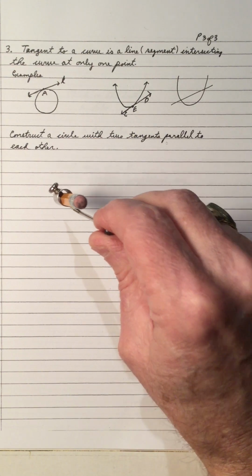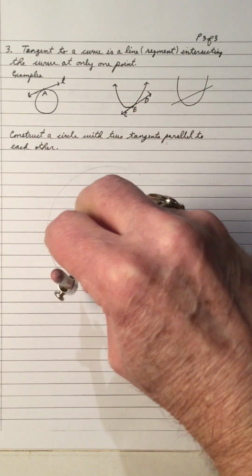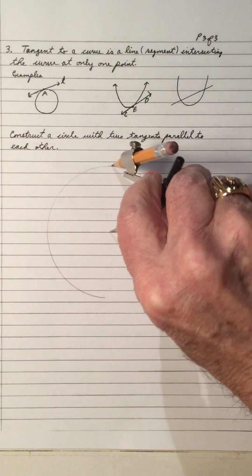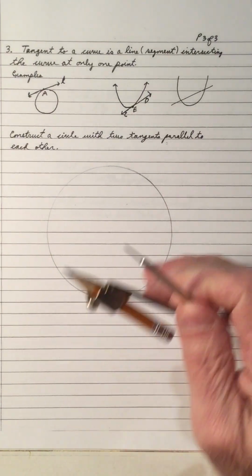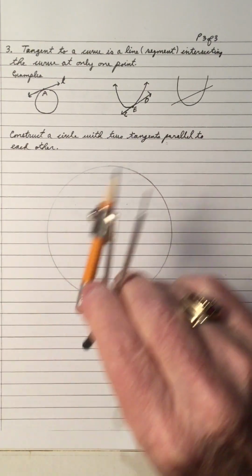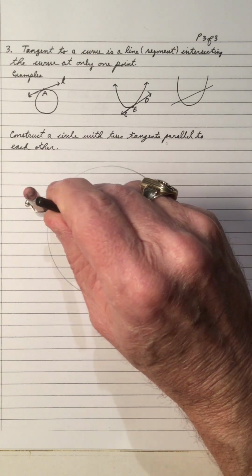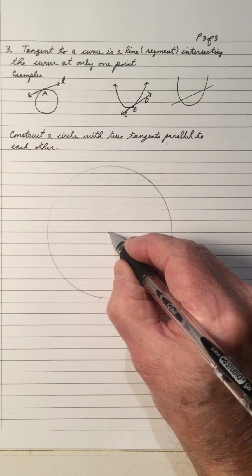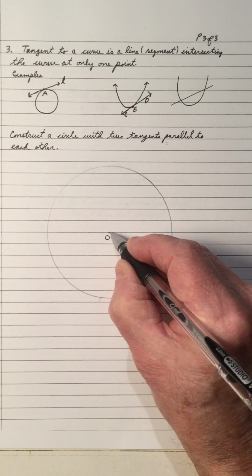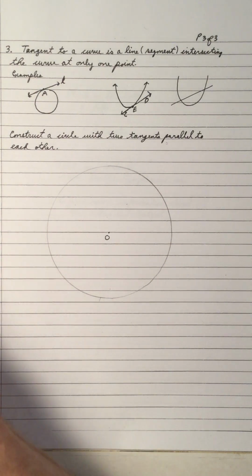So let's draw a circle. There we are. Now, just make sure, okay, and this is the center, and I'm going to just call the center O, because now we're going to draw a tangent.